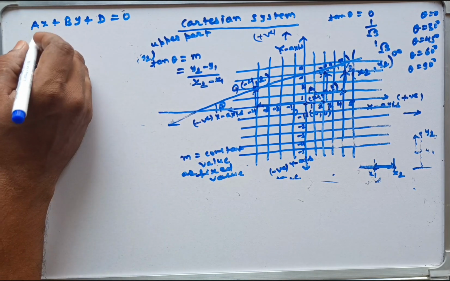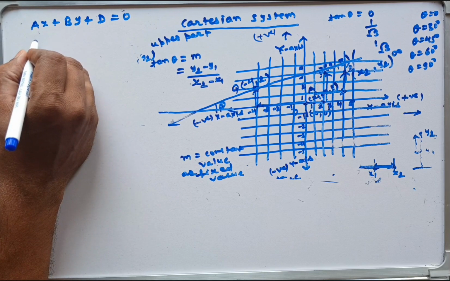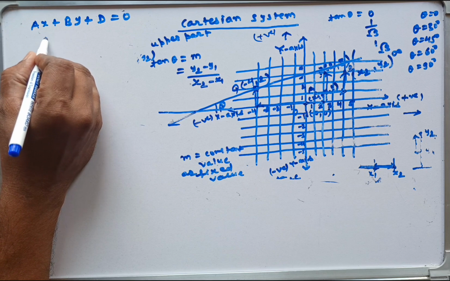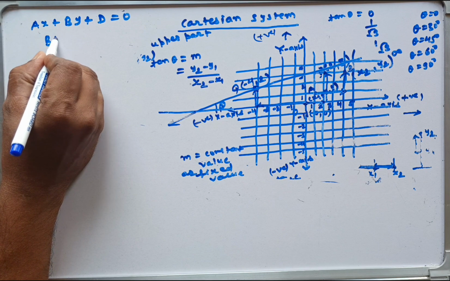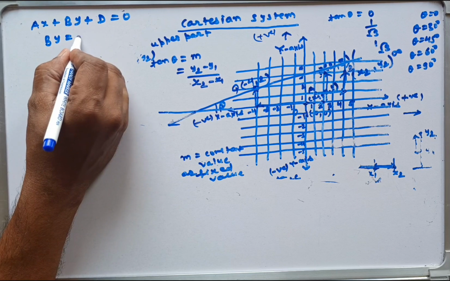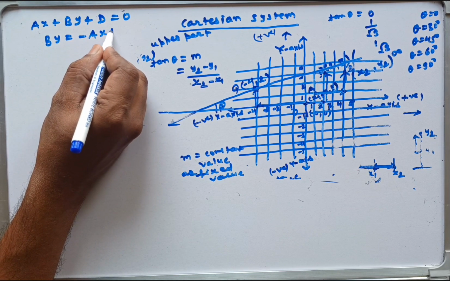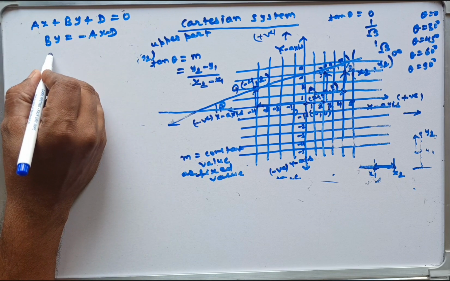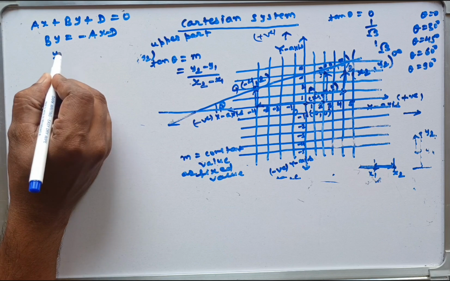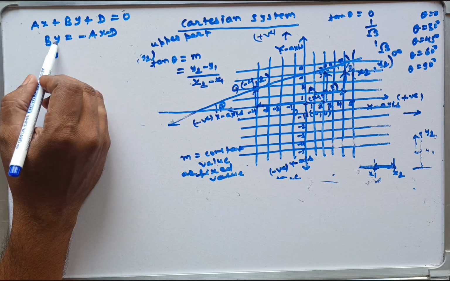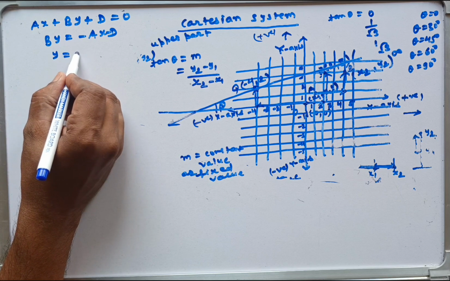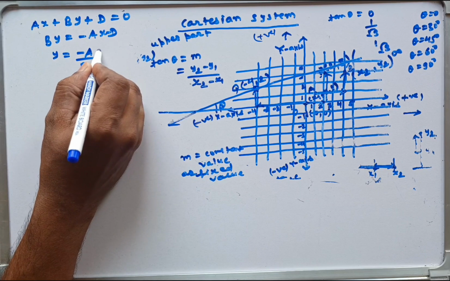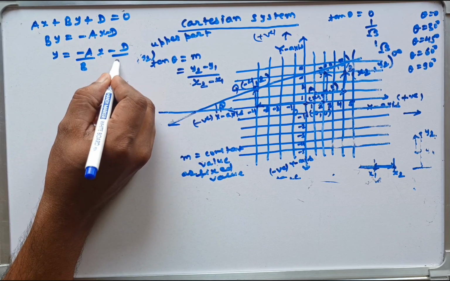Why? Because if we write this equation again, we can write by equals minus ax minus d. When we divide both sides by b, the coefficient of y, this becomes y equals minus a divided by b into x minus d by b.